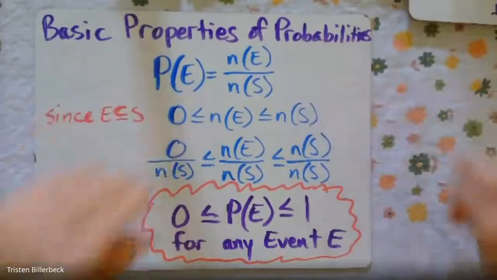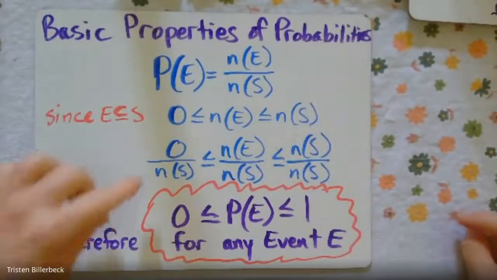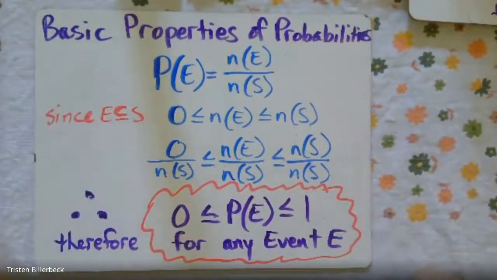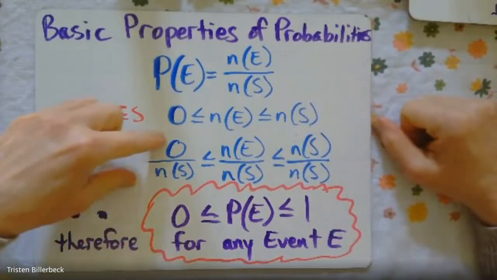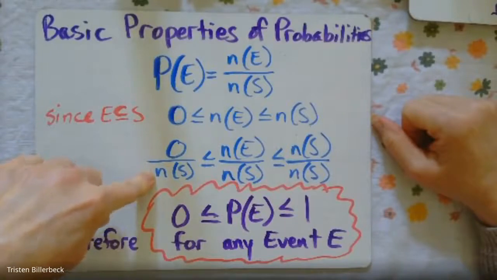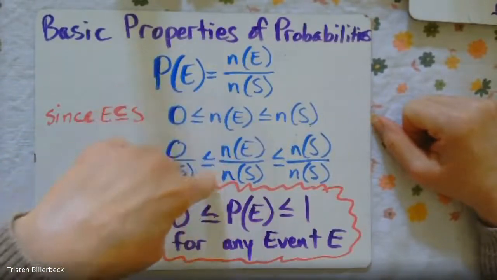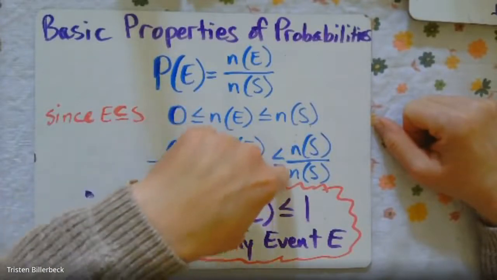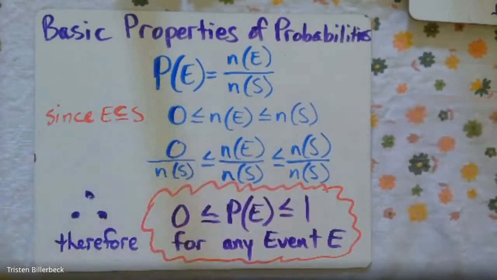Now, if we divide all of this by the number of outcomes in the sample space, something magical happens. When we divide everything, we're not messing with the inequality. It's proportional. So 0 divided by anything is just 0. Then we have less than or equal to the number of outcomes in E over the number of outcomes in the sample space, less than or equal to the number of outcomes in the sample space over the number of outcomes in the sample space.